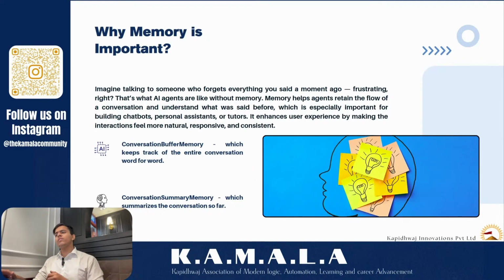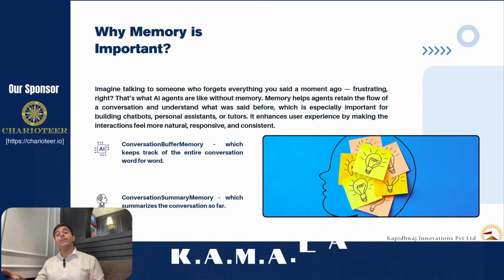Imagine talking to someone who forgets everything you said a moment ago, or maybe 5 minutes ago. It may be frustrating, right? That is what AI agents are like without memory. Memory helps agents retain the flow of a conversation and understand what was said before, which is especially important for building chatbots, personal assistants, or tutors. It enhances user experience by making interactions feel more natural, responsive, and consistent.